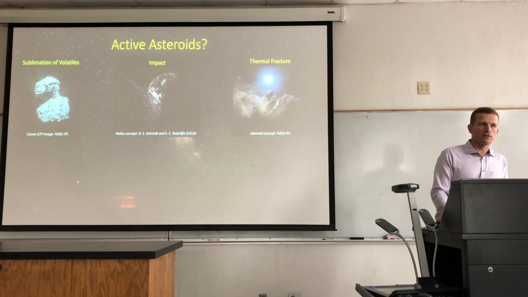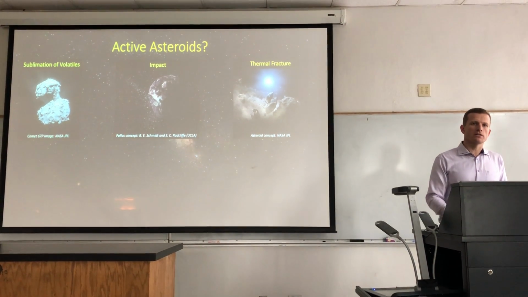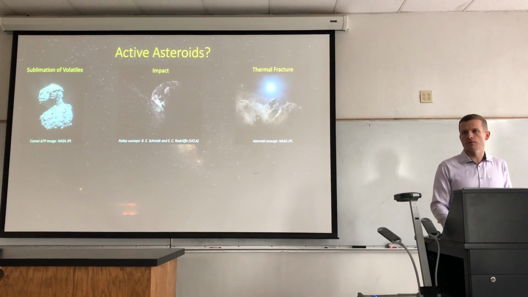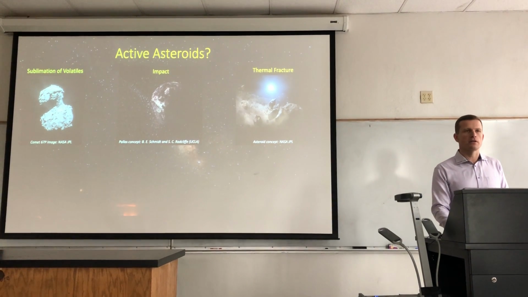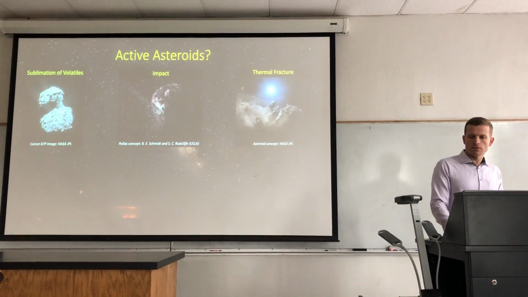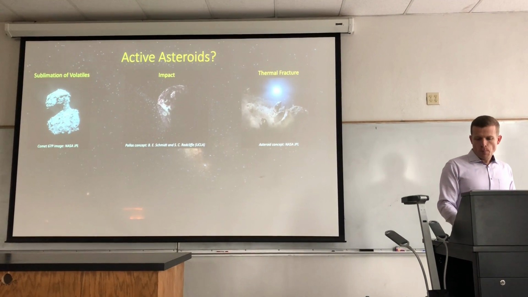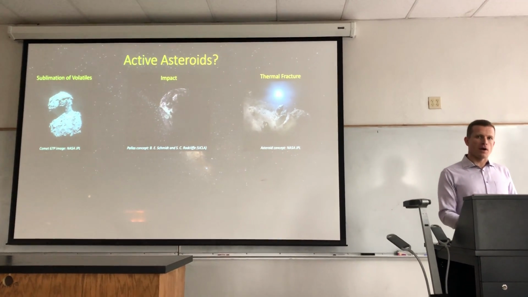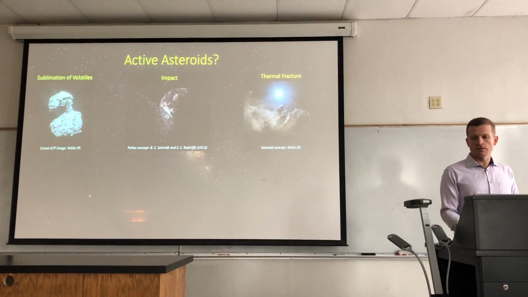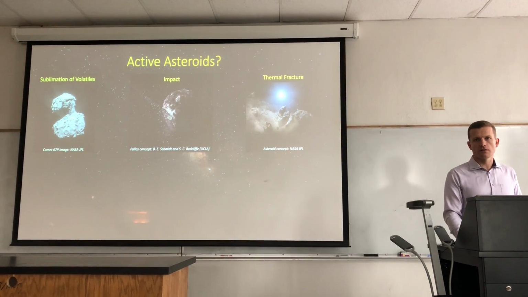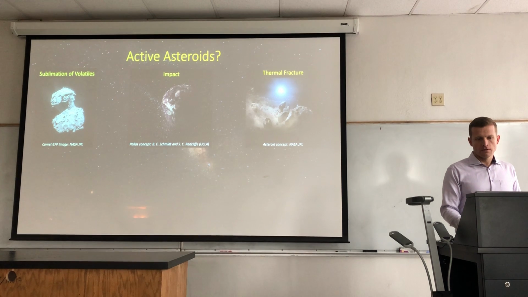Thermal fracture is another possibility. In this case, Phaethon is really the one that is labeled as having this mechanism right now. Phaethon is an asteroid that's thought to be the parent to the Geminid meteor shower. And so the idea is that if it goes around, it can crack open from the expansion due to heat and either expose volatiles or actually cleave off entirely and give you some debris that way.